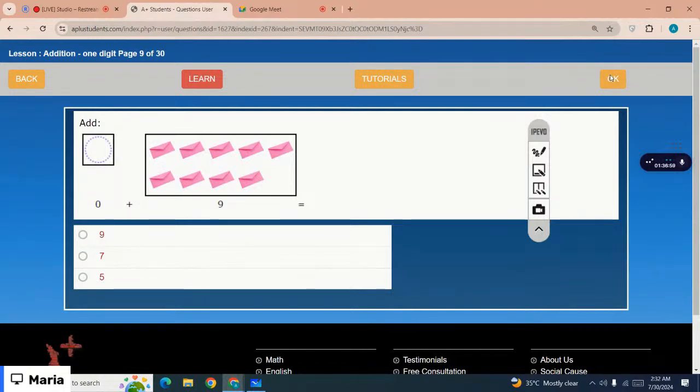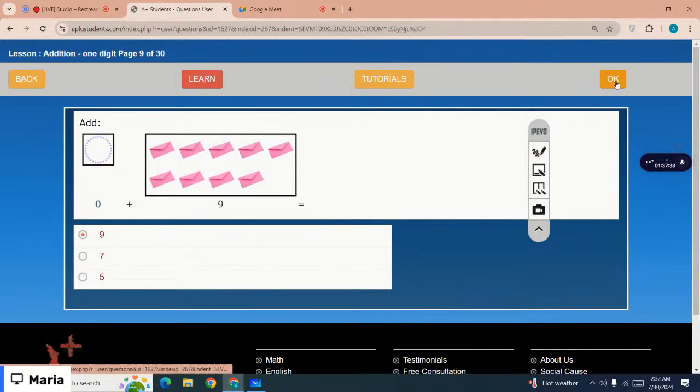Add zero plus nine. So which is the correct option? Again, you are adding 0 to a number, right? So 0 plus 9 is 9.